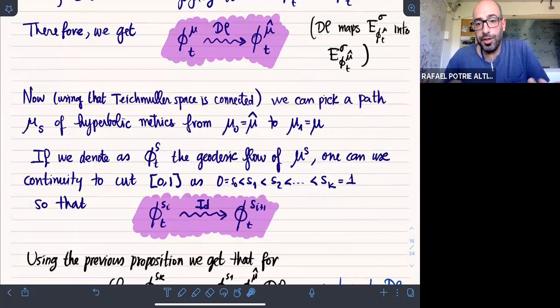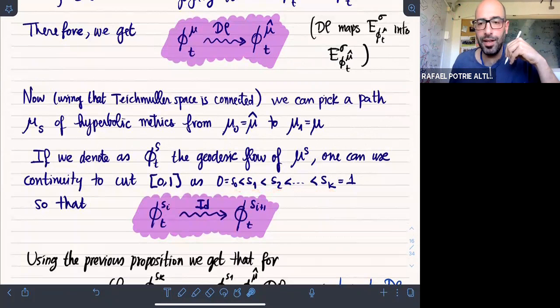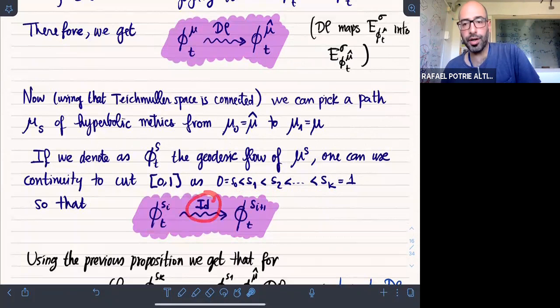Since the bundles move continuously, if you make a coarse enough partition of the interval, then the bundles will be very close. And so the identity will work as a transversality between one and the other.